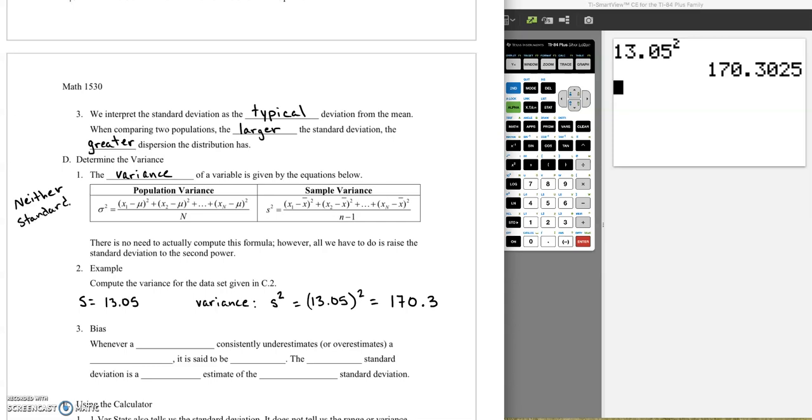And that's because all the data values, every single one of them, is used in their calculation. And so that means if there are any outliers, then those would be part of the calculation, and so they would change the standard deviation and the variance.